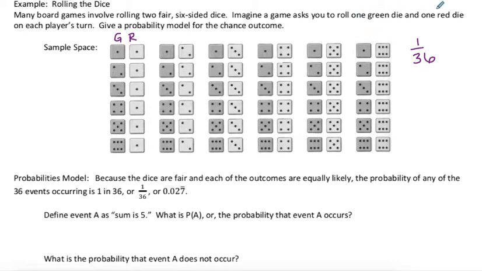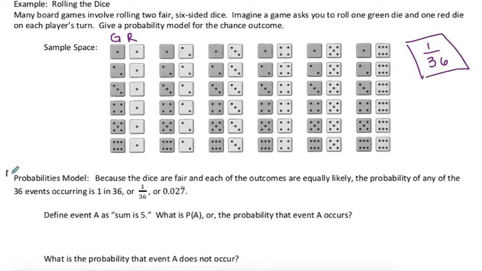If they were both the same color, we would have more than one because 1 and 6 here would be the same as 1 and 6 here. But because we have a green and a red, this is not actually the same outcome. So we kind of want to consider what our possible outcomes are. Right now we have a 1/36 chance to get any one of these here.